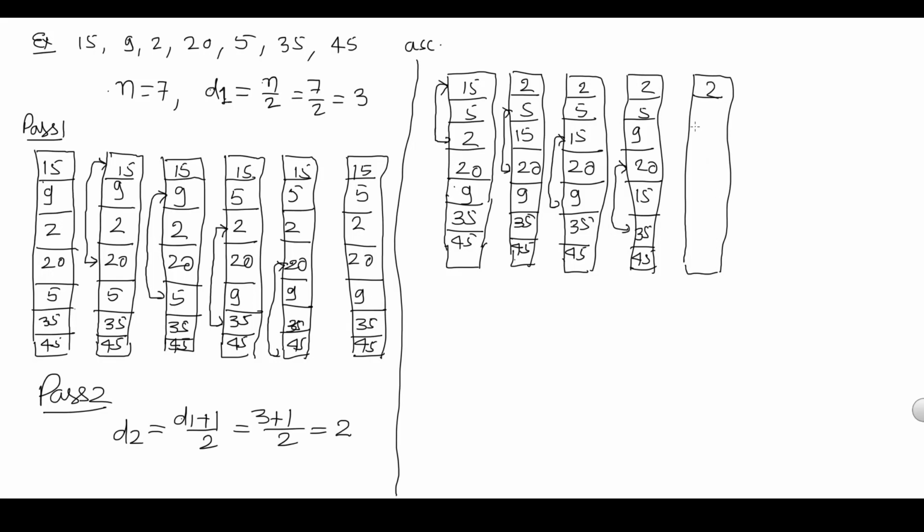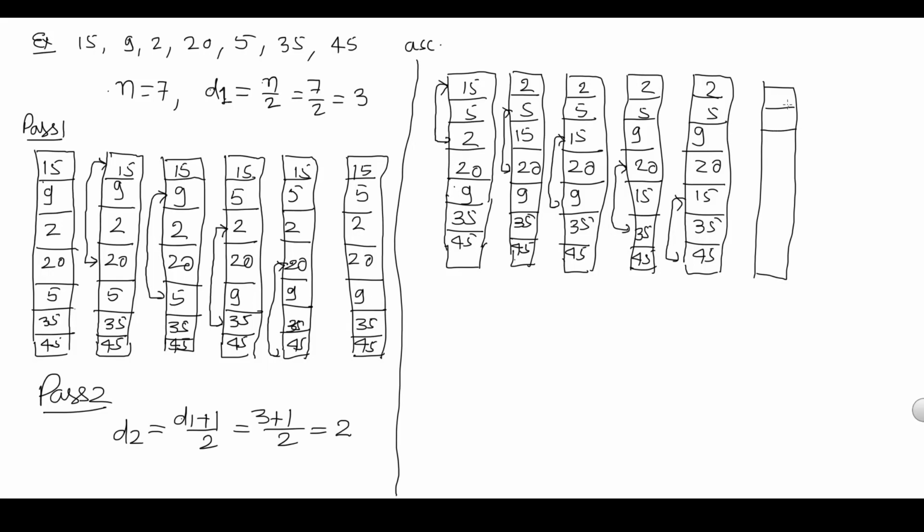So here 2, 5, 9, then 20, 15, 35 and 45. So 15 is less than 45, so there will be no change.